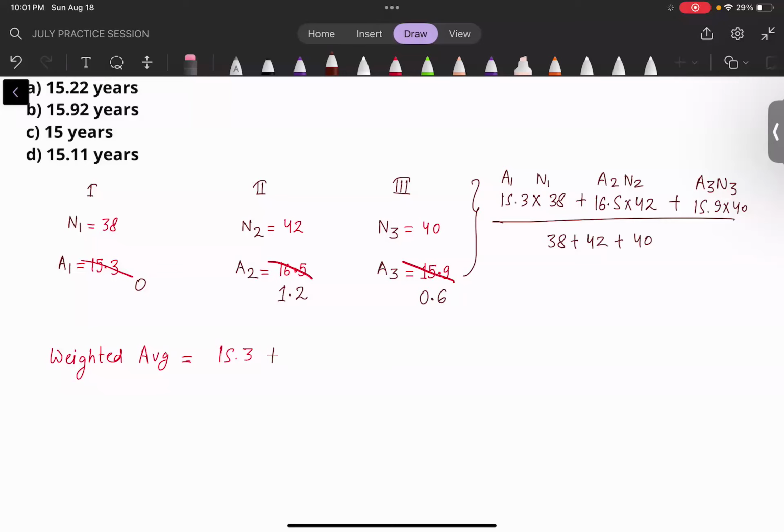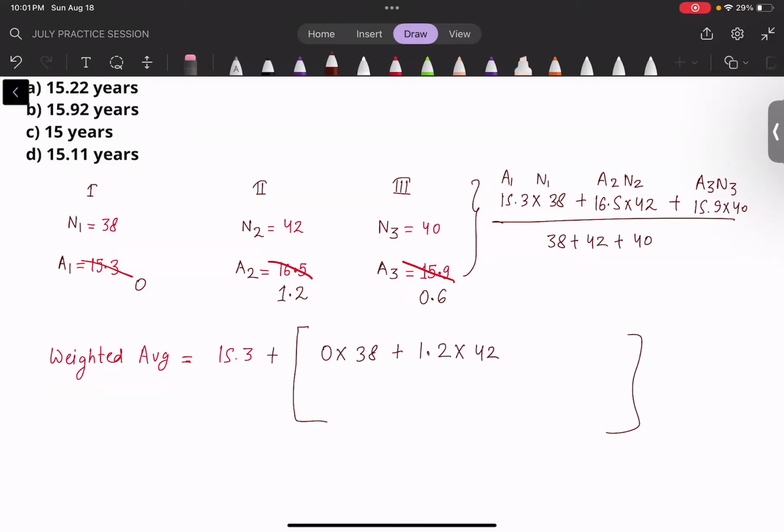Now next. Once we have done this, now we will apply the formula. But instead of A1, N1, we will say deviation of A1, N1. Deviation of A2, N2. Deviation of A3, N3. So A1, 0. N1, 38. A2, 1.2.